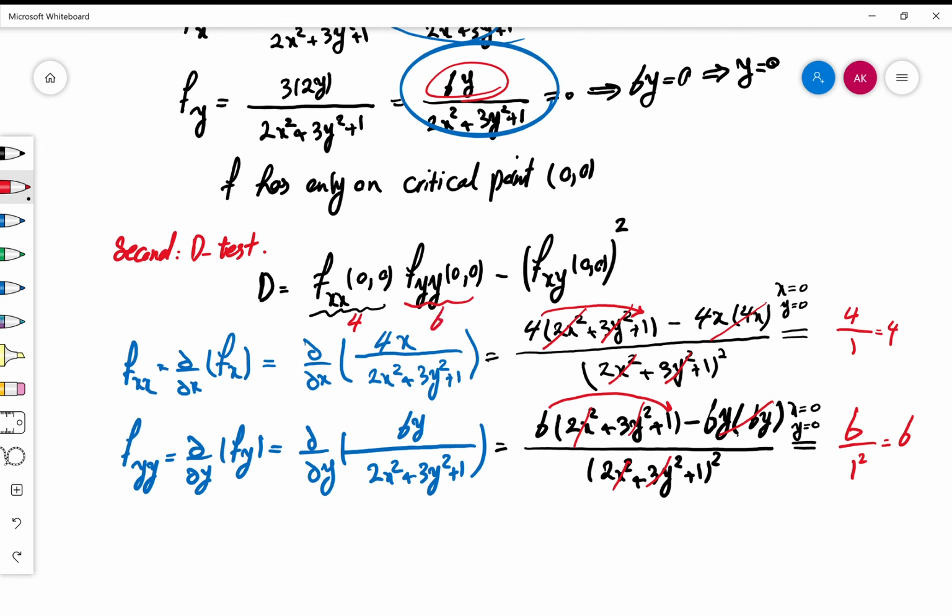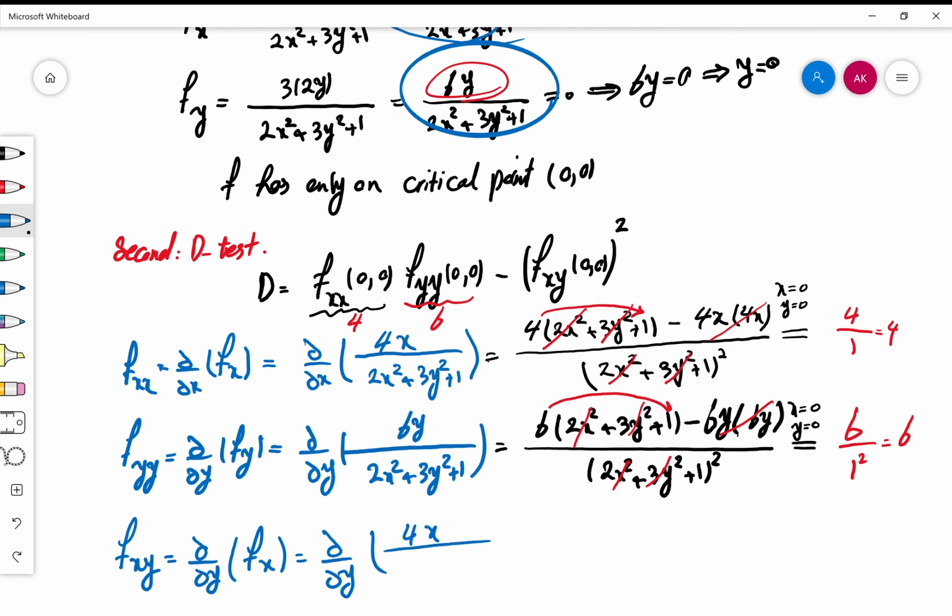This is 6. Now we need to do fxy. That means we find the partial derivative with respect to y of fx, which is 4x over 2x² + 3y² + 1. Again, you can do the quotient rule.